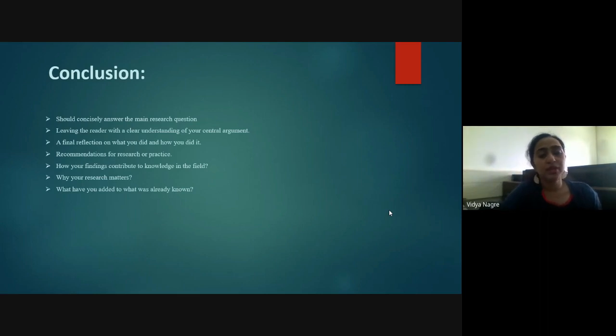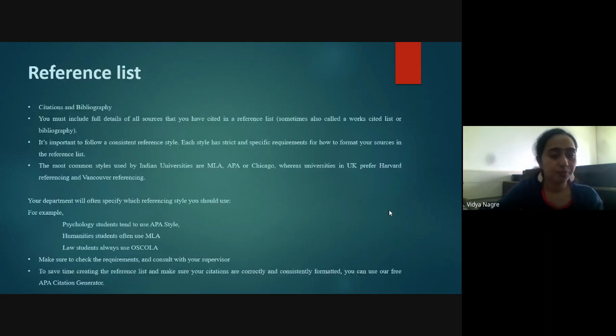There should be some recommendations for research and practice, which is also known as the scope for further research. This chapter also includes pedagogical implications. It means how your research is beneficial to academia, to academics. Then why your research matters, why it is very important. Why have you added to what was already known? So what is your contribution?